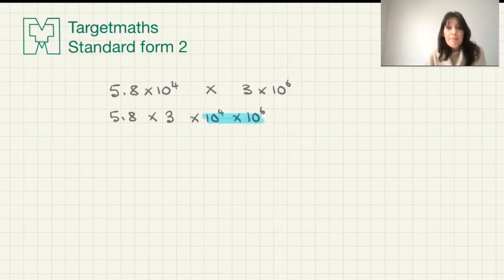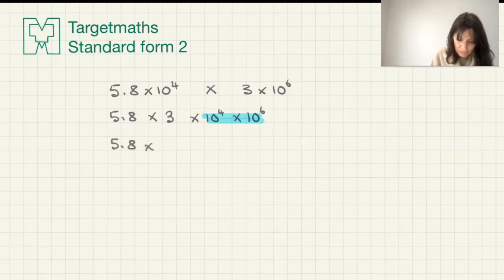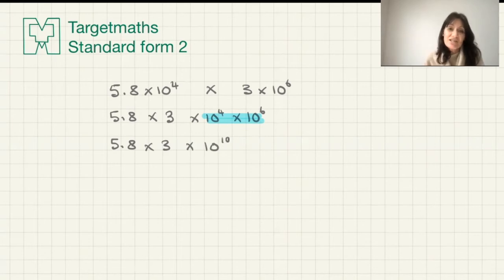If I have a multiplication question with powers, my rule is to add the powers, which means I can simplify this question down really quickly. And that's one of the main advantages to working with numbers in standard form, because I can apply these rules, so it makes life a whole lot better.